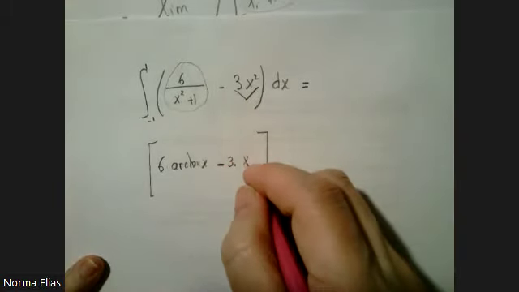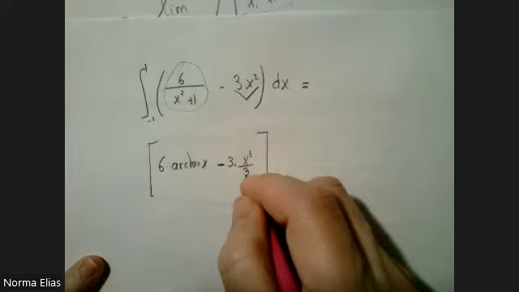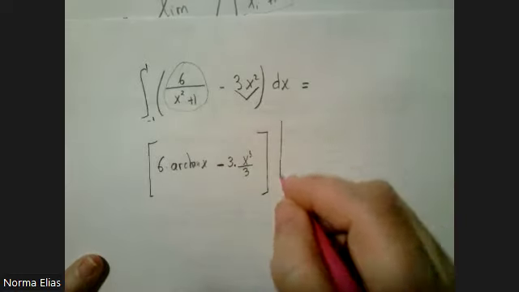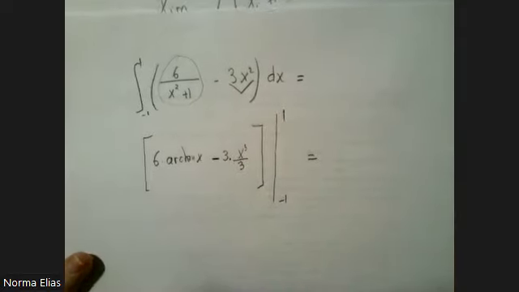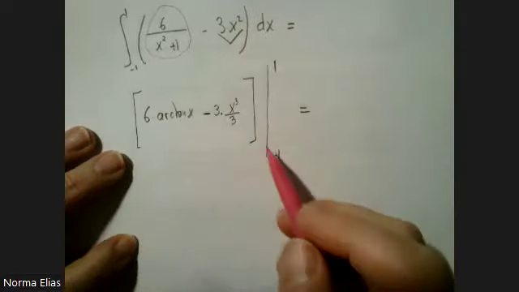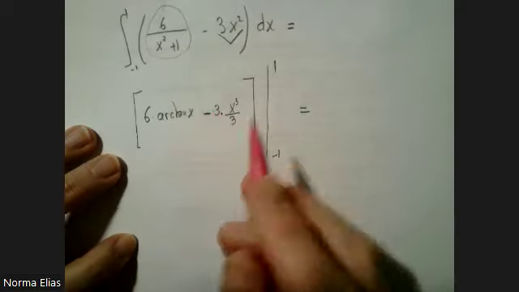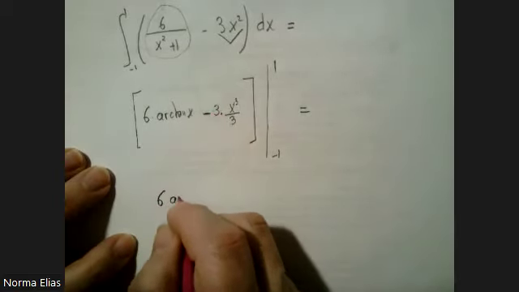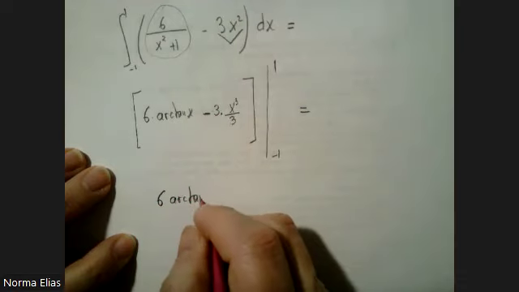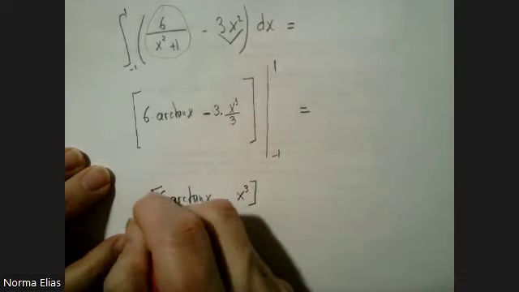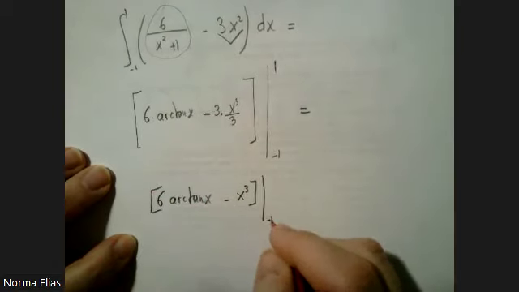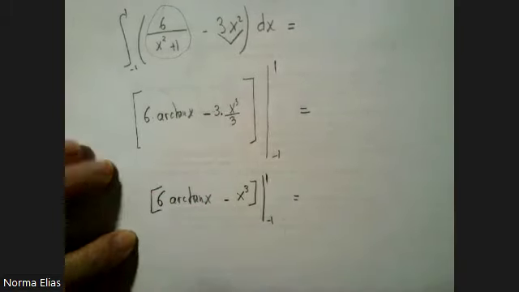The antiderivative of x squared is 1/3 x cubed. So x cubed over 3. This is evaluated between -1 and 1. Okay, very good. So now, before we evaluate, I'm going to put 3 arc tangent x minus x cubed, evaluated between -1 and 1.